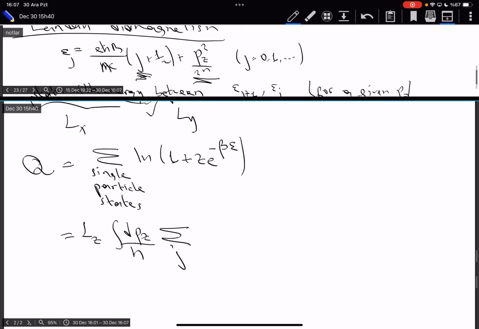If a particle has a given j value and a given pz, every state having the same j and the same pz has the same energy, and we already know that we have Lx Ly eB over hc such states.